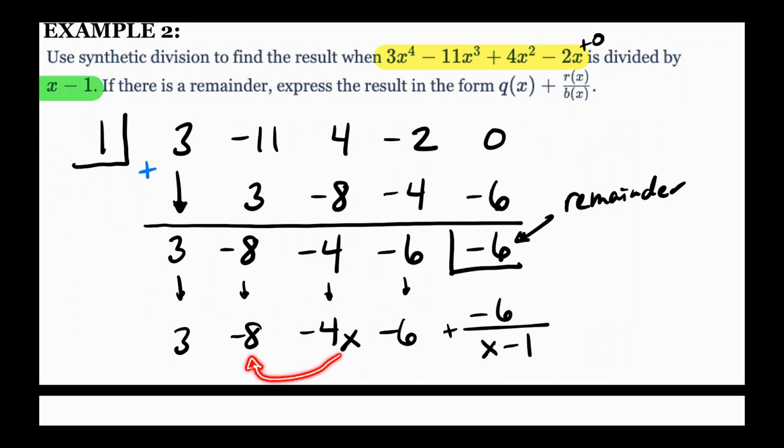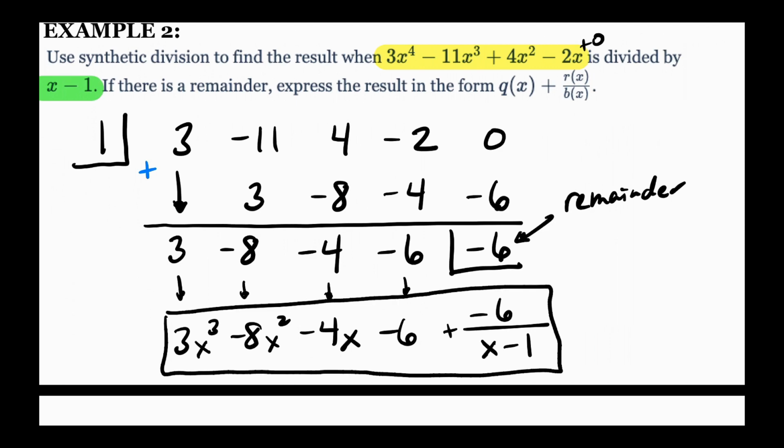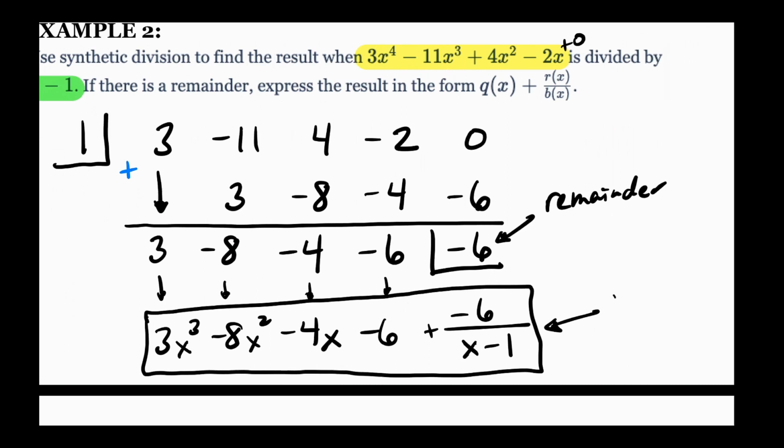The next guy is negative 8. That means that one's going to have an x squared. And then the last one is x cubed, or x to the third power. And you are done. That's your quotient.